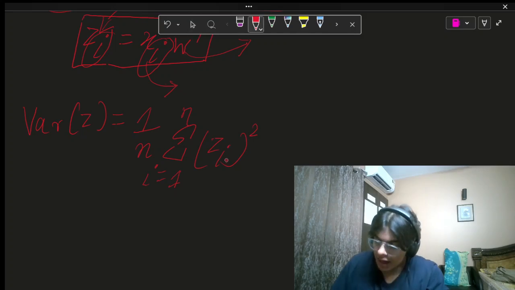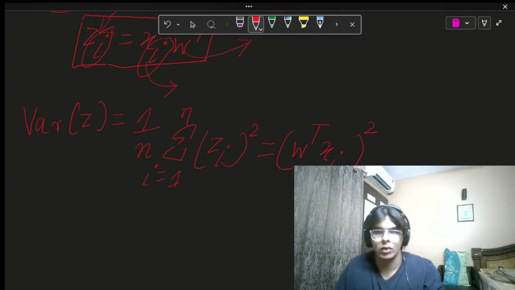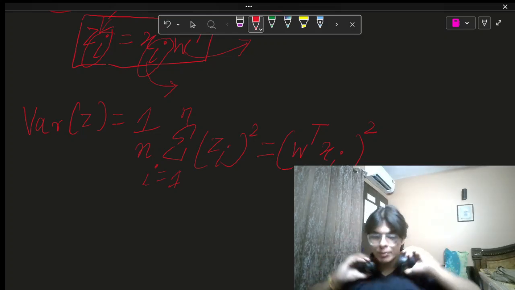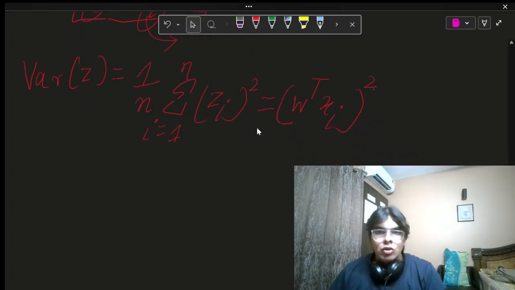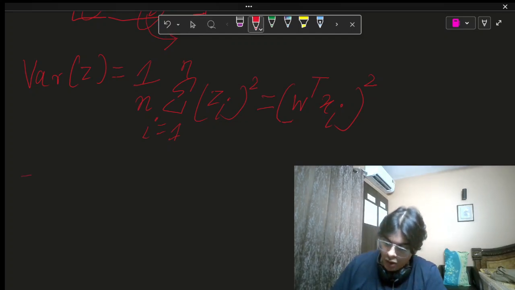Okay, now I can change the zi, and I can write wt of xi inside it. Okay, and I can square it up like this. Now we can basically open this result up. So we have got wt into xi. If I try to open it up, I can write it like this: wt into xi multiplied by wt into xi, right? This is how I can write the squaring of results.